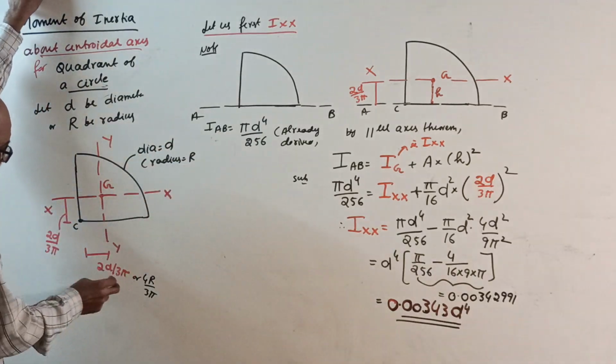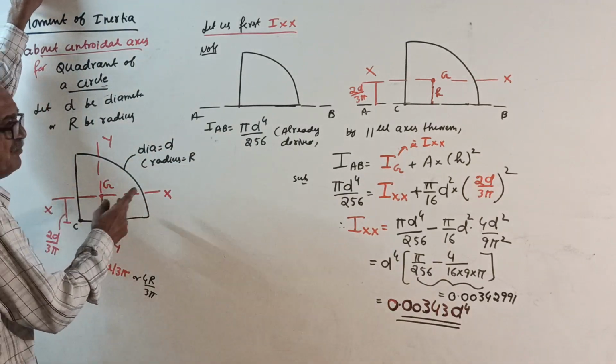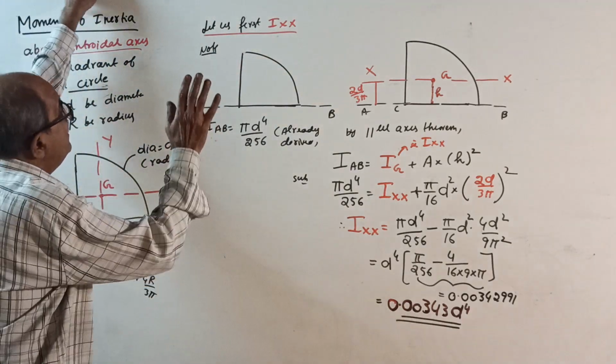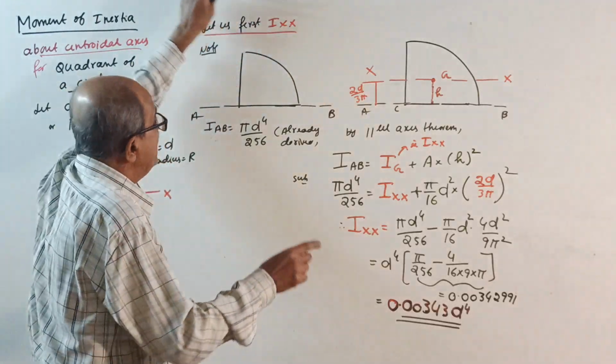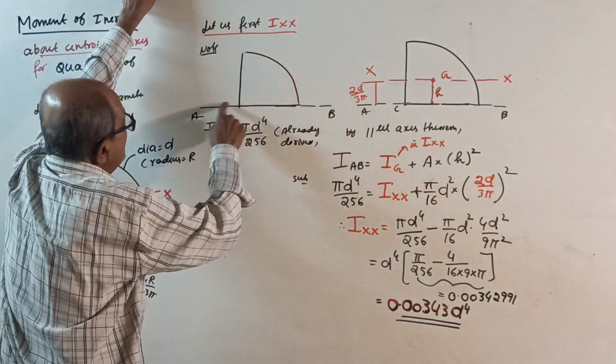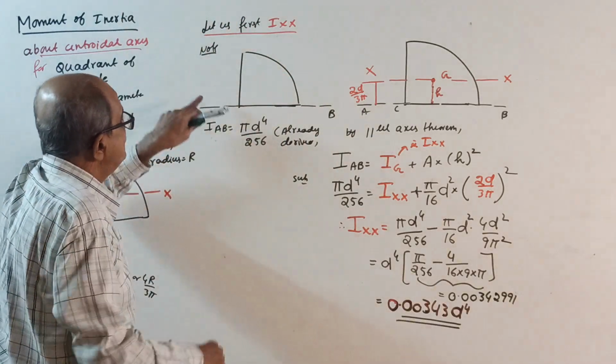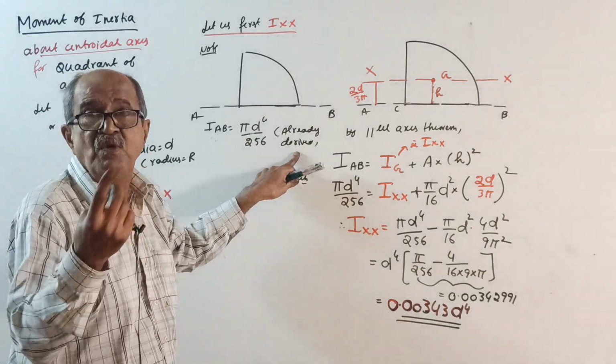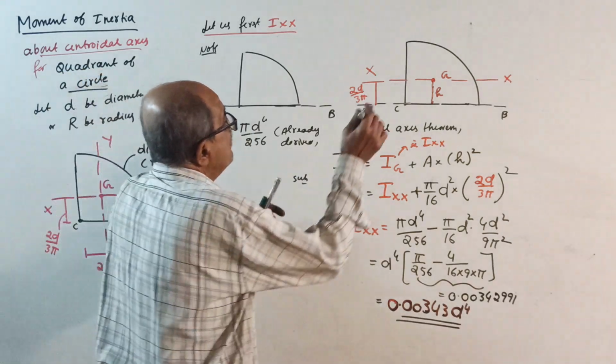Diameter d, radius r, 2d by 3 pi, everything is explained. Let us first find Ixx. But before you find Ixx, make a note: for a quadrant, I about the base, this IAB, is pi d power 4 by 256, already derived. Make a note. Now, one more sketch here.